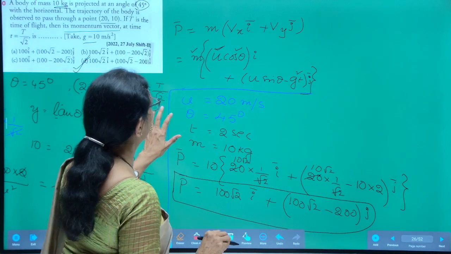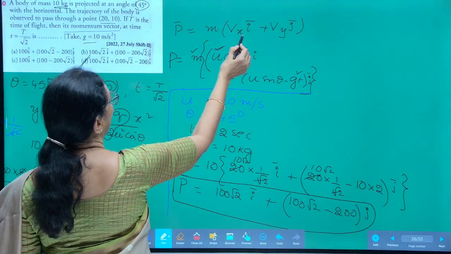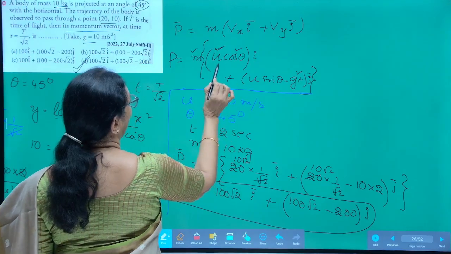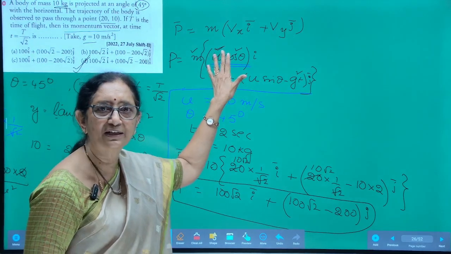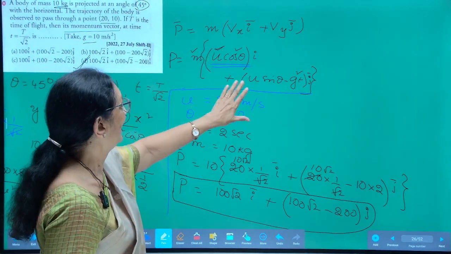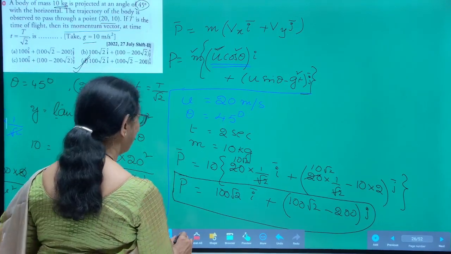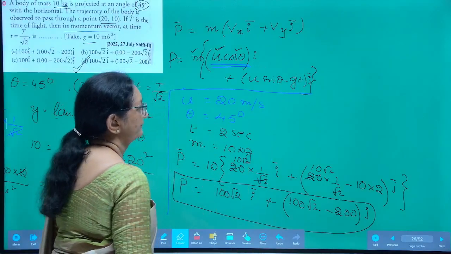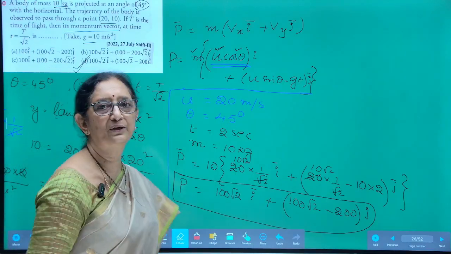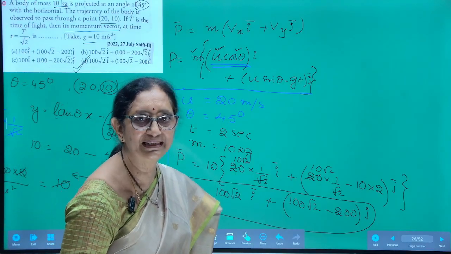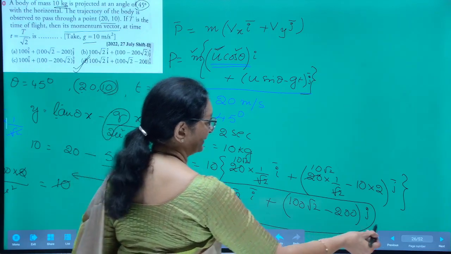So, that is the most important part of the problem. This m into (vx i bar plus vy j bar) at any instant of time, horizontal component of velocity is u cos theta and vertical component of velocity is u sin theta minus gt. Okay. So, from the other data given, we could get the values of u and t. Theta is already given, from which we could solve that problem.